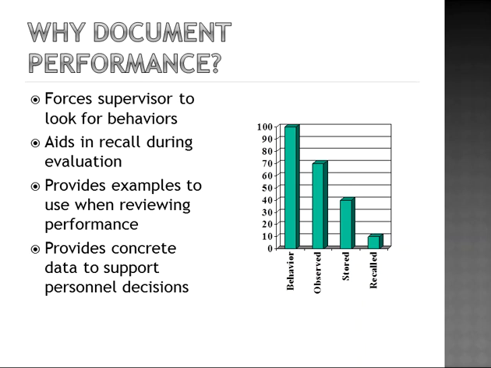It provides examples to use when reviewing performance and provides concrete data to support personnel decisions. Remember, if you're going to fire someone, take away their livelihood, this is something that is very sensitive to people. And if it's going to be based on something like a firing offense or poor productive behavior, you need to have that documented somewhere.